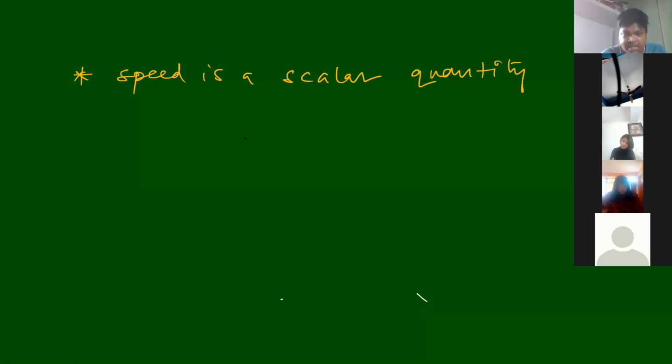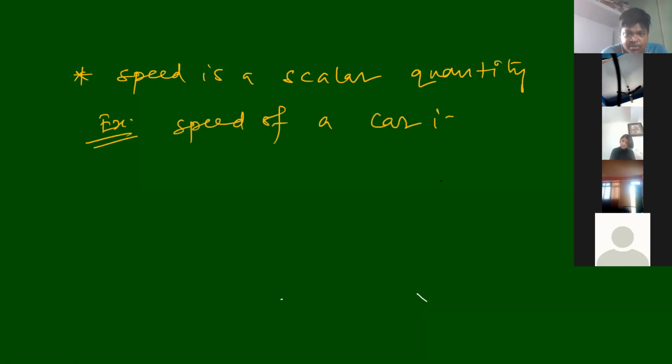For example, I can say that the speed of a car is 20 kilometer per hour. Here I'm just writing down the magnitude, the value of speed, but I have not mentioned the direction. So I can say that speed is a scalar quantity.